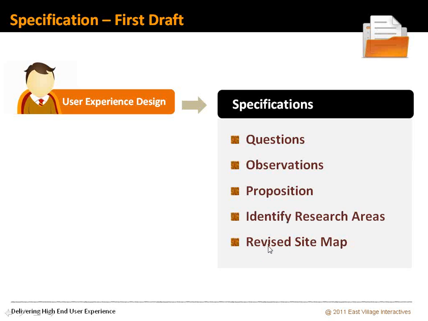The reason we put the revised sitemap here is that in any online product, you have a certain sitemap where you identify the architecture, that each section would further have these categories or links and so on. So how is this sitemap being changed now based on the specifications gathered so far?